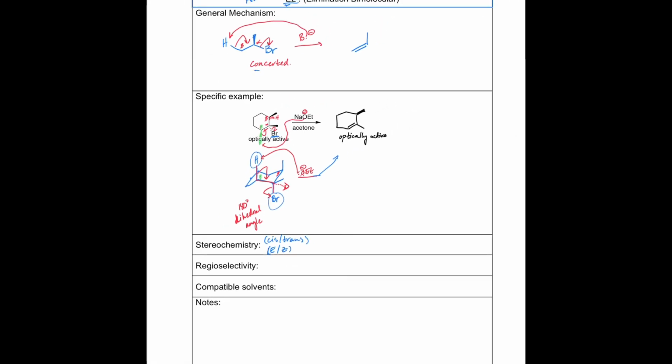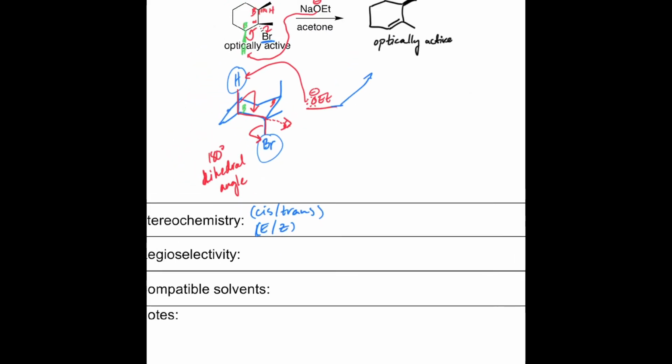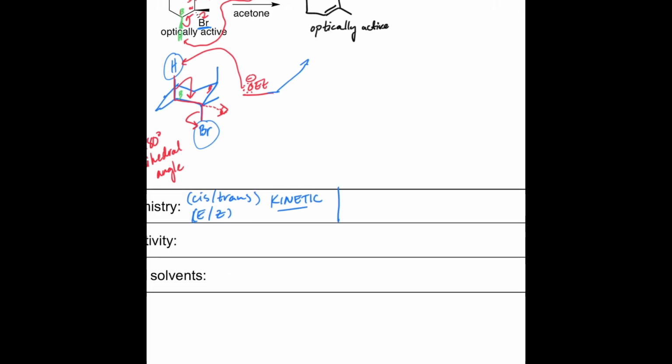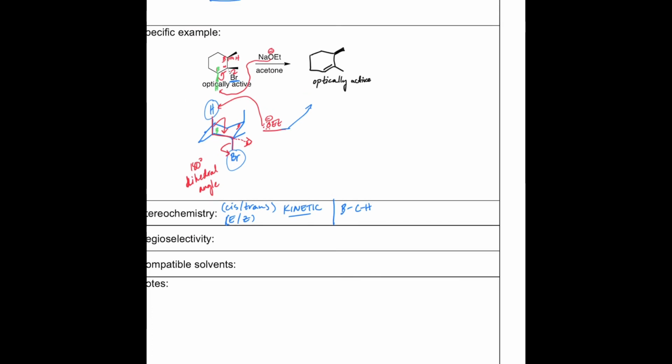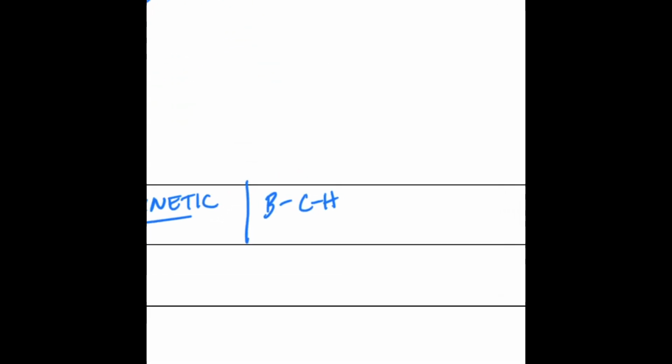It's concerted, and they aren't reversible. We're going to be forming the kinetic product. So it's the one that forms the fastest. And so knowing this, the key here with stereochemistry is this beta CH bond, okay? So this needs to be anti-coplanar.